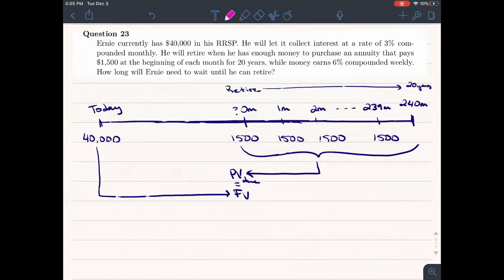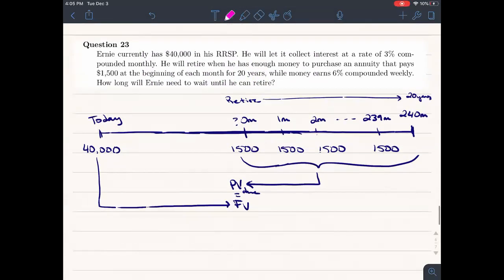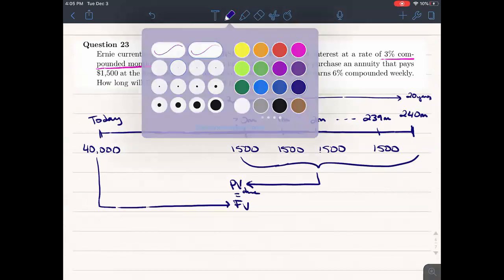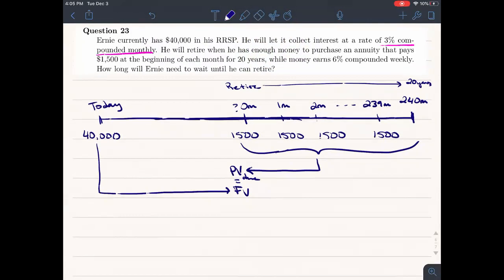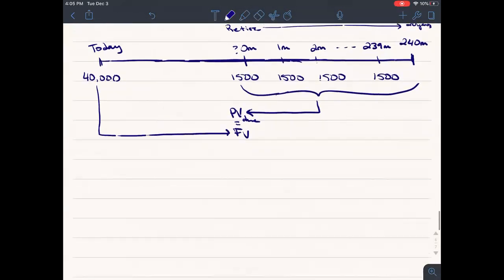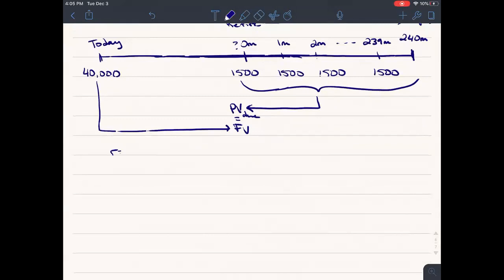Here's a holdup. We do have different interest rates for this section, right? And so he will let it collect interest at a rate of 3% compounded monthly. That's for the savings part, right? So below here somewhere, I'm going to say R is 3% and the compoundings per year are 12.